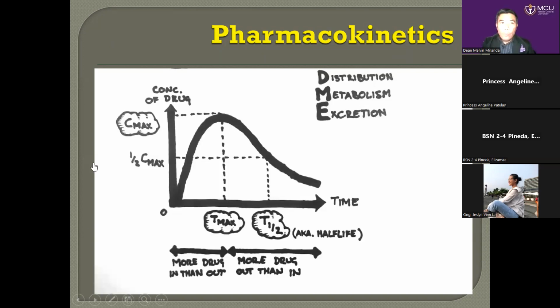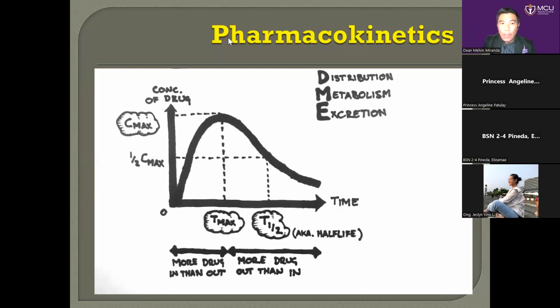Okay. When we talk about this graph, you're seeing that when the drug is being administered to the patient, it starts with 0. And in this way, when the drug enters the body, the concentration of the drug will increase, because when the drug reaches the plasma, that is the consideration, once the drug is absorbed, it reaches the blood, specifically the plasma.